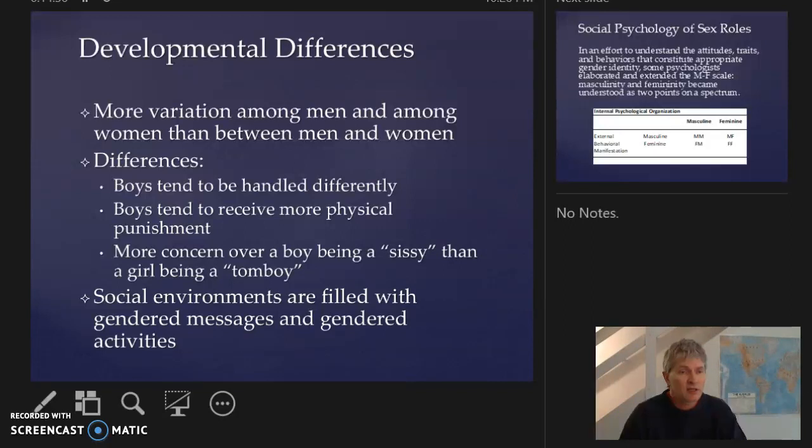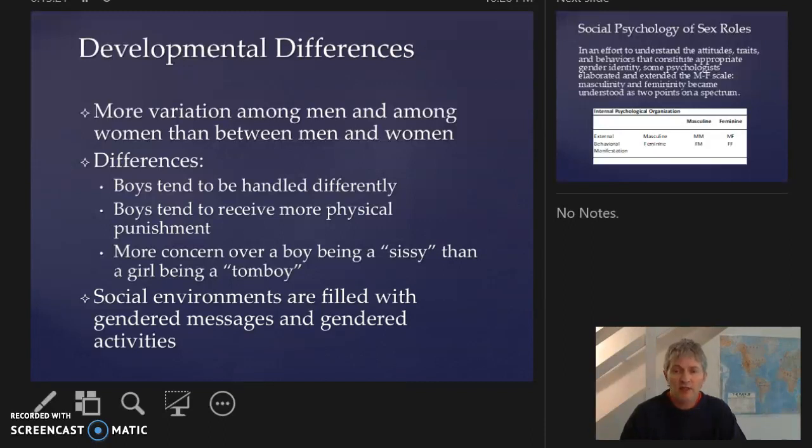Boys are allowed to be more promiscuous than girls are, for sure. We consistently see different treatment of boys in the classroom, especially K through 6, and then girls in the classroom. So there are some significant differences in the way that we socialize boys to be masculine and girls to be feminine, and what that ultimately means.